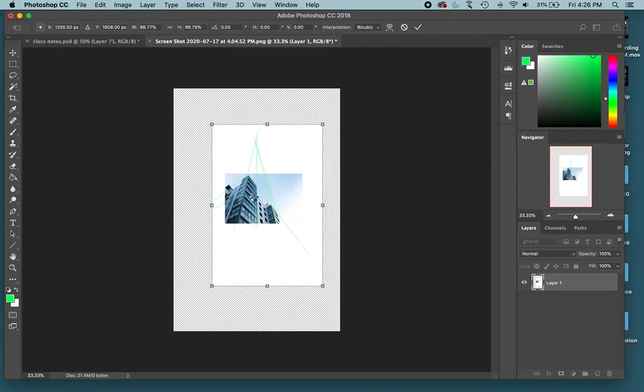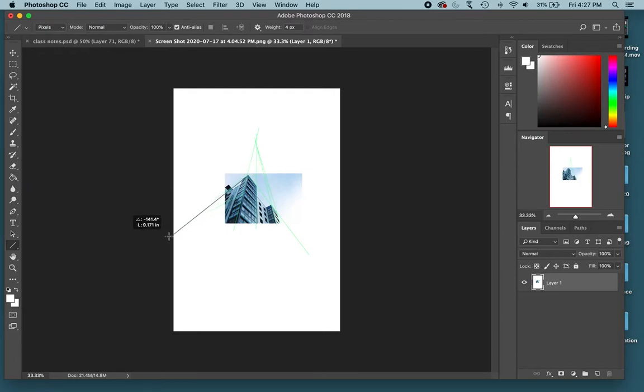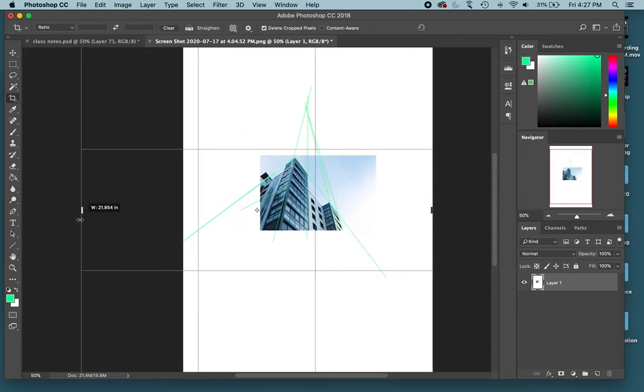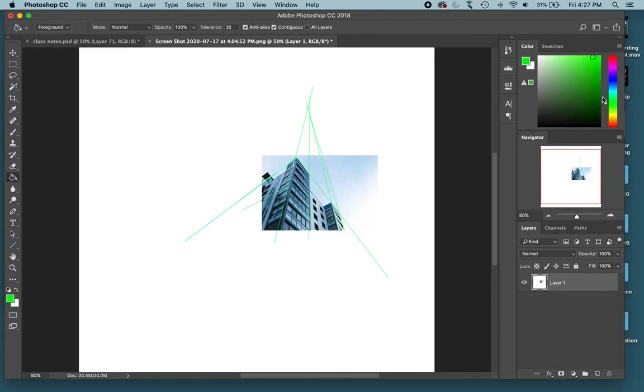I just need more space to find out where that horizon line is gonna go. Somewhere around there it looks like. So yeah, now we're going to have that very, very low horizon line.